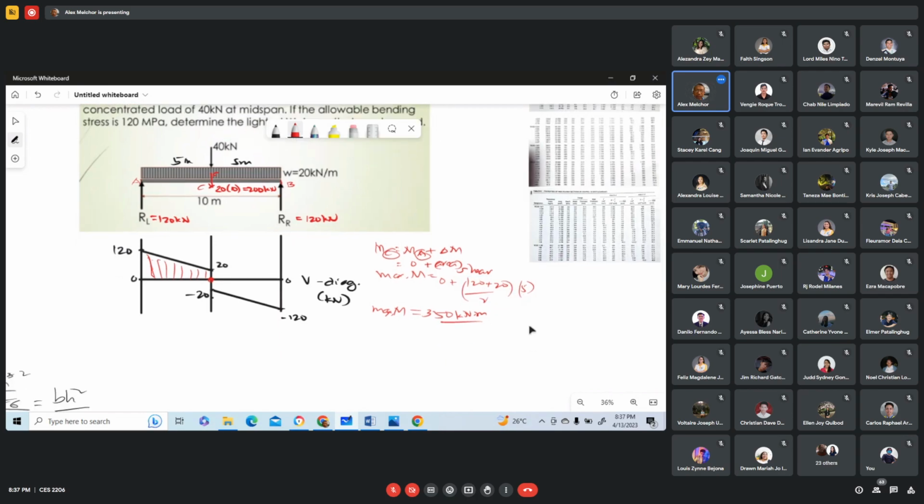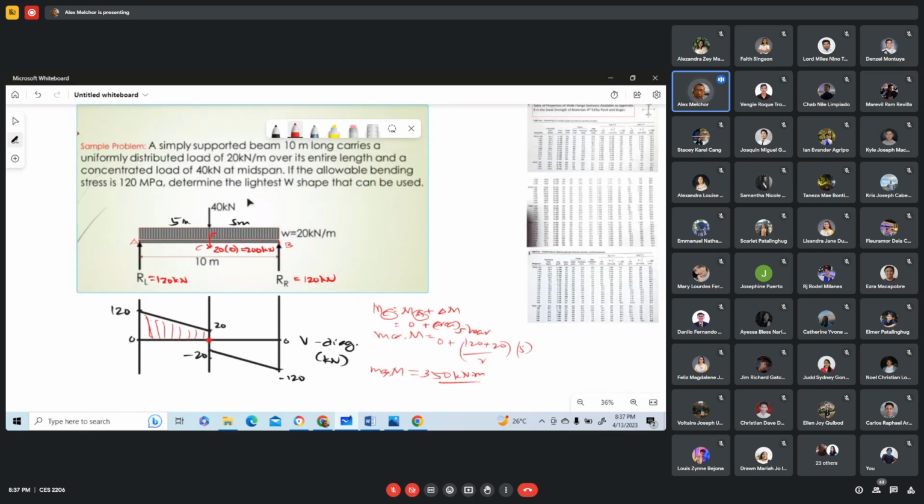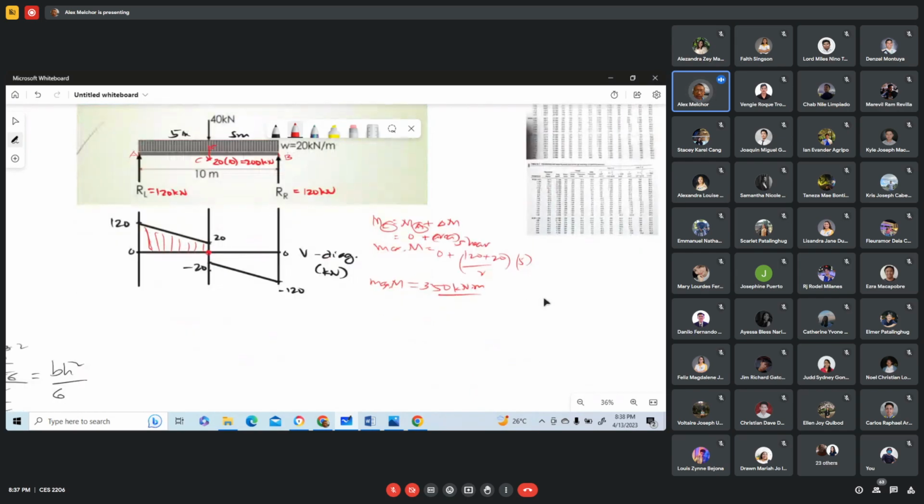This maximum moment here is due to the loading, and this load is live load. So we will try solving for the section modulus.